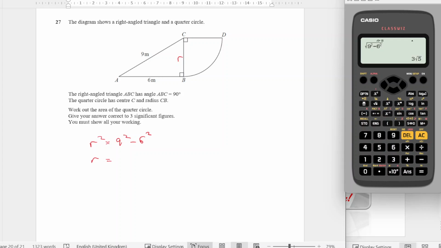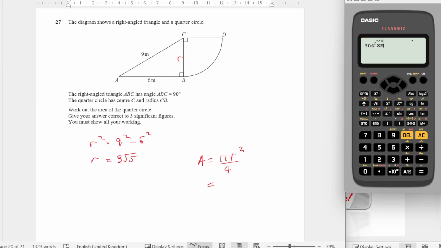Could go decimal here. I'm going to keep it like that because my calculator can do most of this work then. And I want just the area of the quarter circle. So now that I've got the radius, the area is going to be equal to pi r squared over 4 because I want a quarter of a circle. So if I square that value, times it by the radius, times it by pi. Oh, calculator's gone a bit crazy.